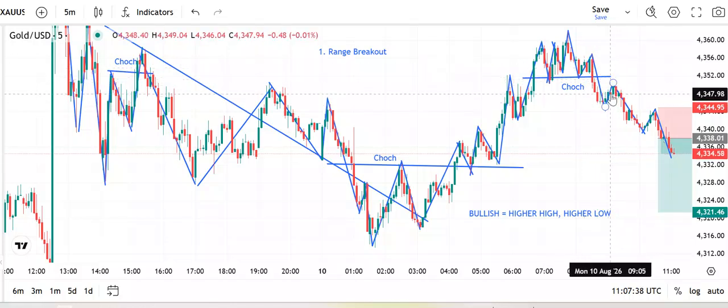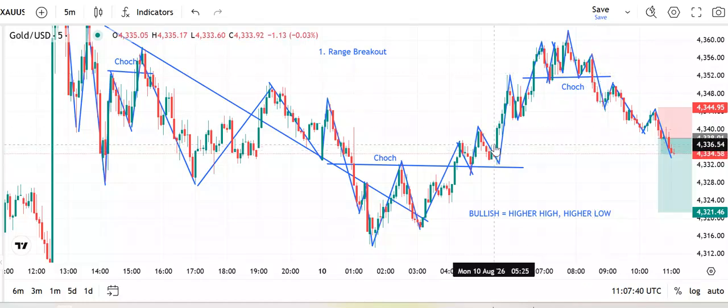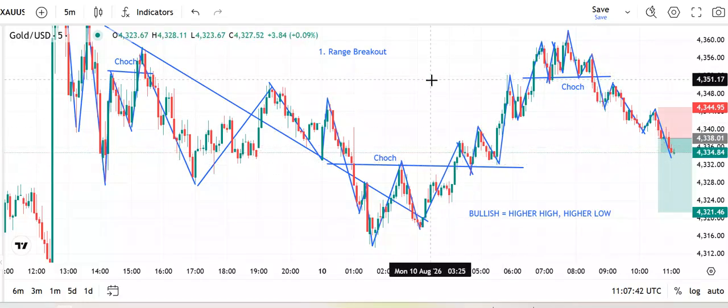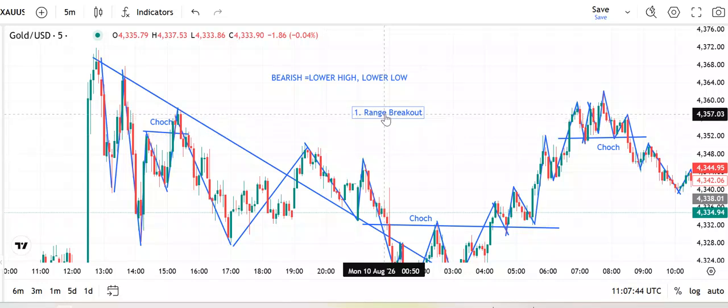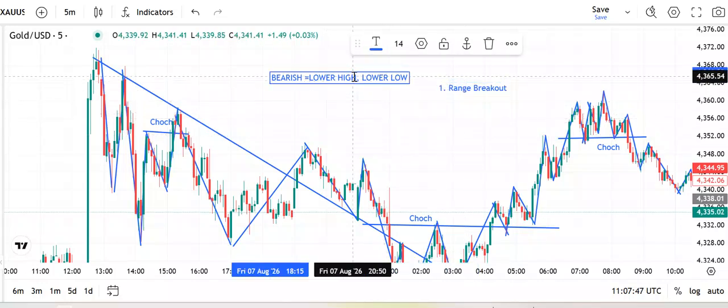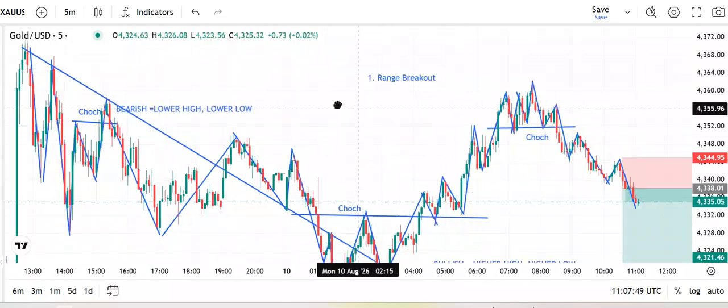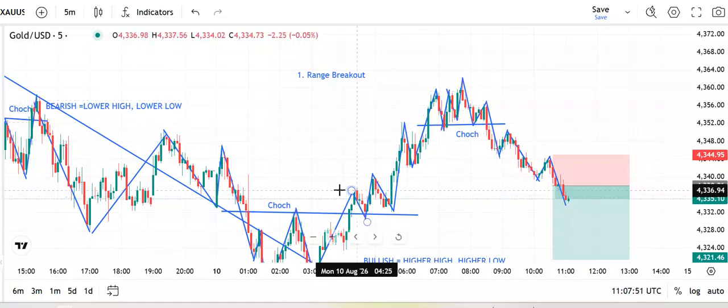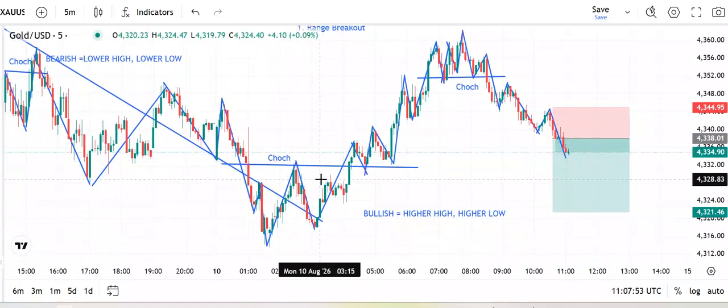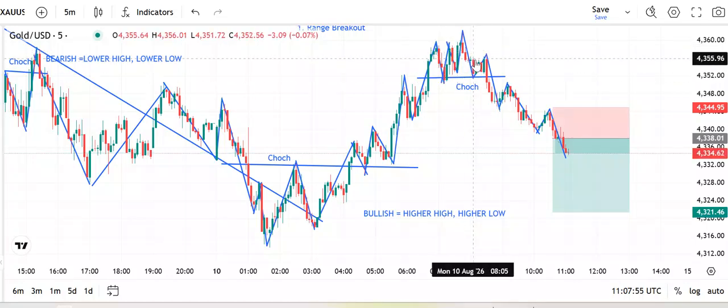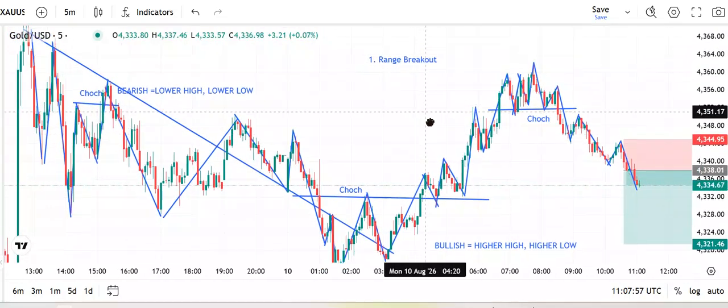That's your range breakout. This is the point of range breakout. This is the point of range breakout. Okay, that's number one, the first point. So here is our range breakout. Here was our range breakout for this leg, and here is our range breakout for this leg. So that's the first point.